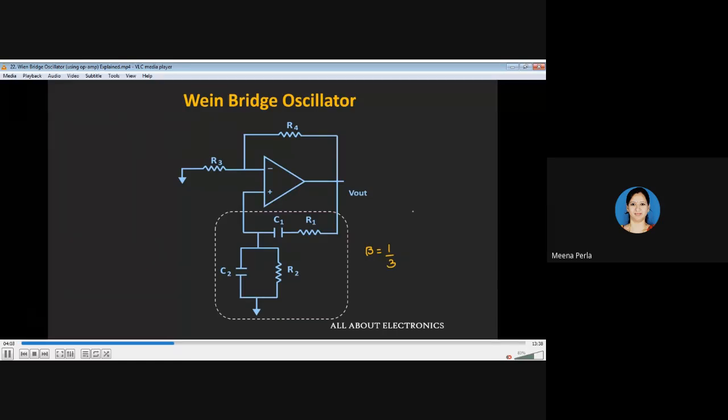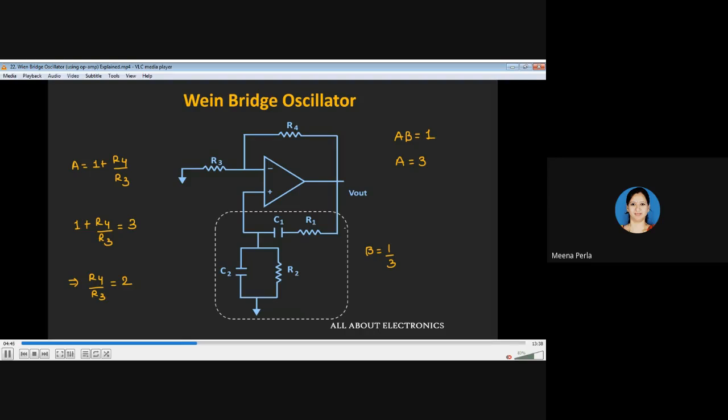And to get sustained oscillation, A beta of this oscillator should be equal to 1. So in this way, we can say that the gain of this amplifier should be equal to 3. As we know, this op-amp is configured in non-inverting configuration. The gain of this amplifier will be equal to 1 plus R4 by R3. So 1 plus R4 by R3 is equal to 3, which means R4 by R3 is equal to 2.